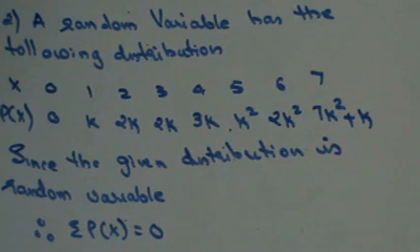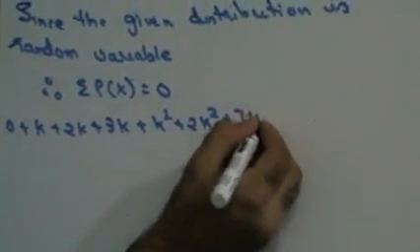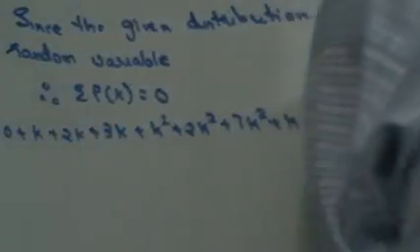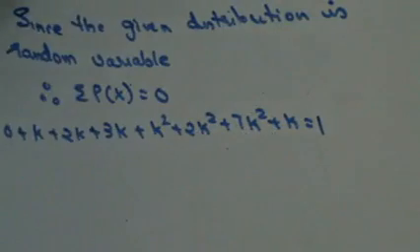That means 0 plus k plus 2k plus 2k plus 3k plus k square plus 2k square plus 7k square plus k should be equal to 1. Now let's solve this.